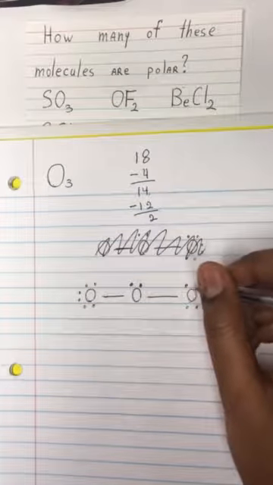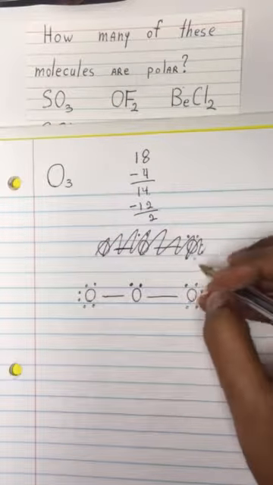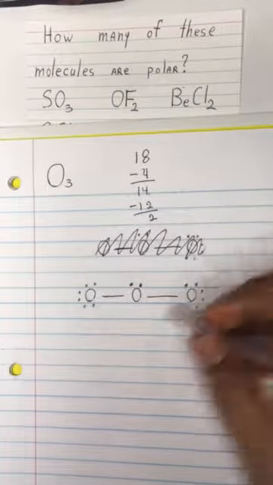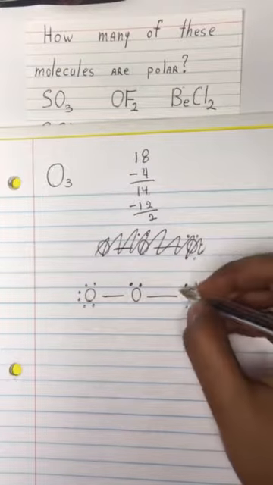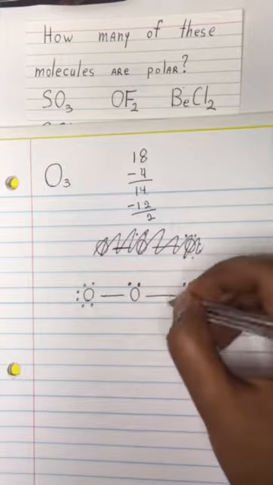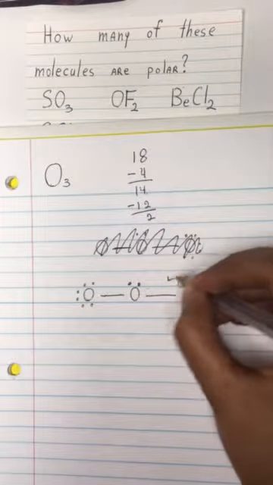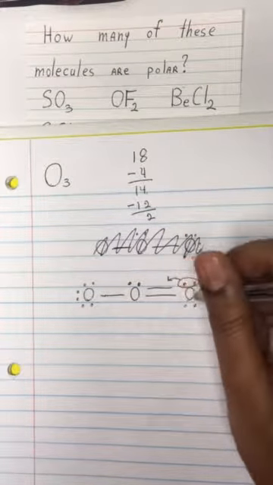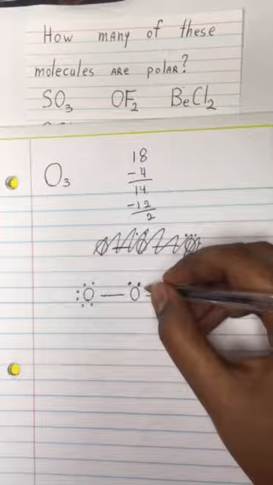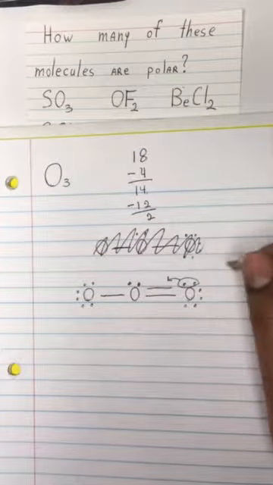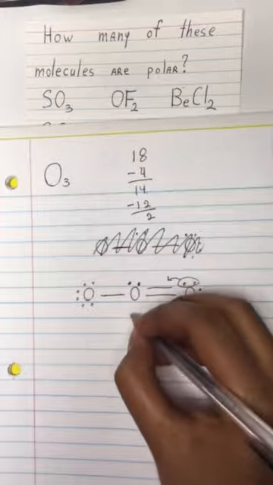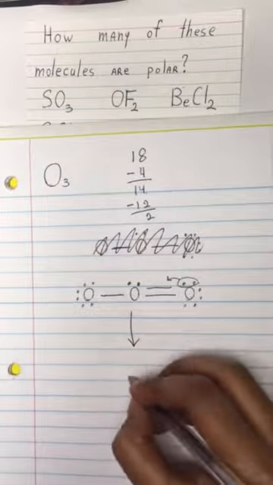In this Lewis structure, the oxygen atom on this side can create another bond with the central oxygen atom. But this is also possible. This can also be drawn the other way around.